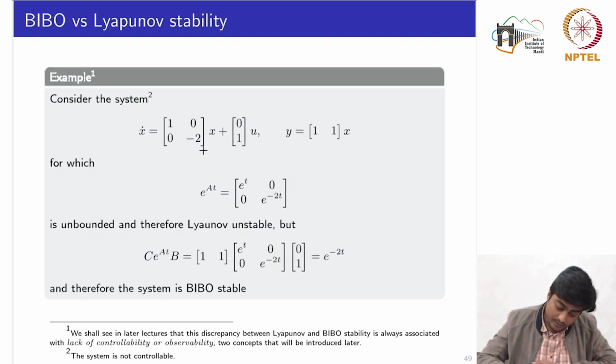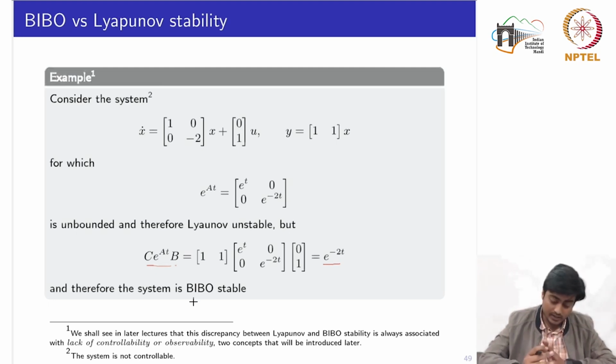If we compute the state transition matrix of this system, we obtain this, and one of the elements is e to the power t, which is unbounded, and therefore Lyapunov unstable. But if we compute this part, we obtain e to the power minus 2t, meaning that this system is BIBO stable.